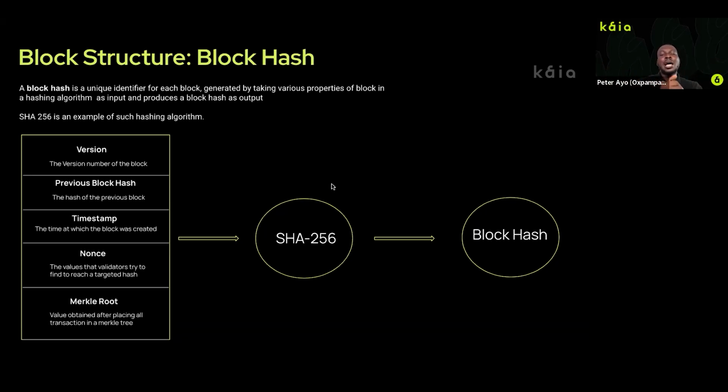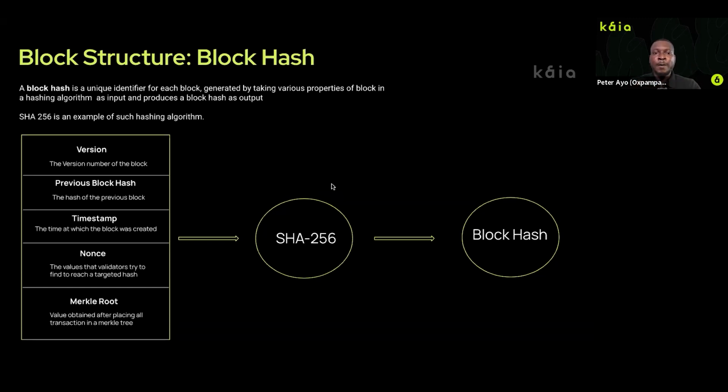So imagine hashing your block header, which gives it a pseudonymous value, right? It takes in your block header, then passes it into the hash function, which is SHA-256. Just to mention, the Bitcoin network uses SHA-256 as its hashing algorithm, while Ethereum uses Keccak-256, right?